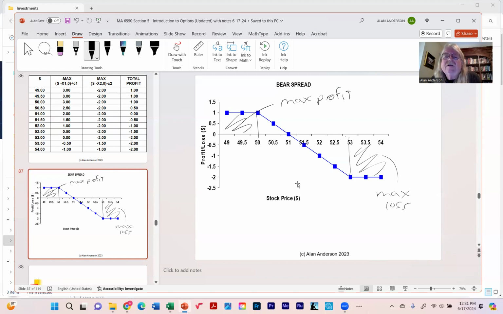By the way, what's interesting here is that if you decided to buy one of each, you would create what's called a box spread, where you would end up with a profit or loss that looks something like this. You'd basically be locking in a specific rate of return, and that return would be the risk-free return on your investment.